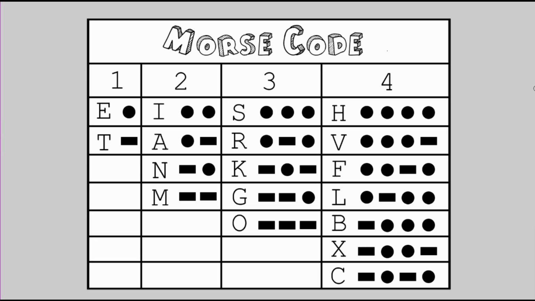For instance, in column 3, you have S, which is a series of 3 dots, or 0, 0, 0, followed by an R, a series which is dot, dash, dot, or 0, 1, 0. If you know binary, you'd know that a series is missing there, though, which is 0, 0, 1.